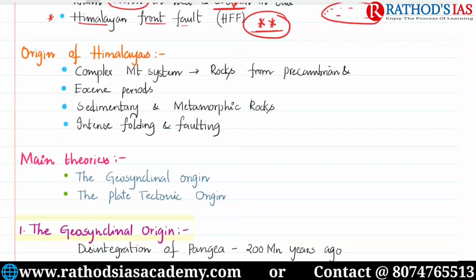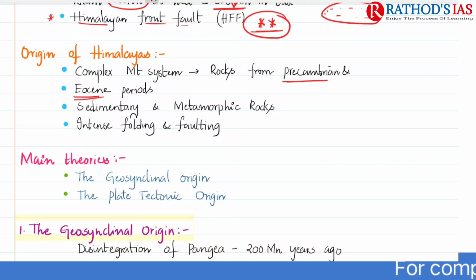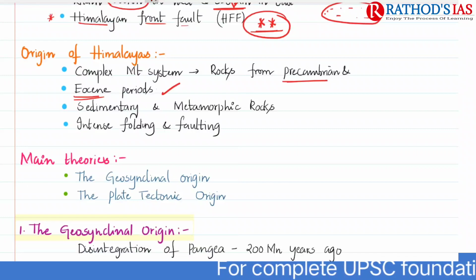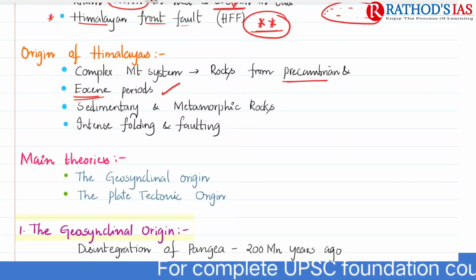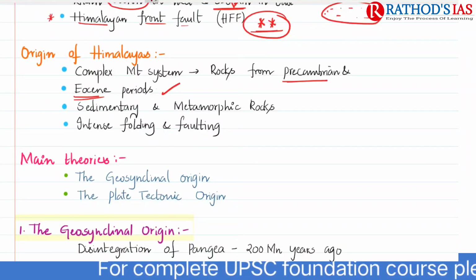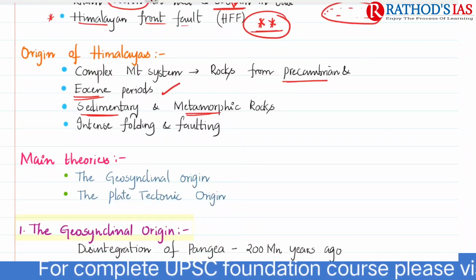Why? Because if you see the rock system present in this area, rocks from the pre-Cambrian period to the Eocene period are present, and most of the rock system is sedimentary and metamorphic in nature.